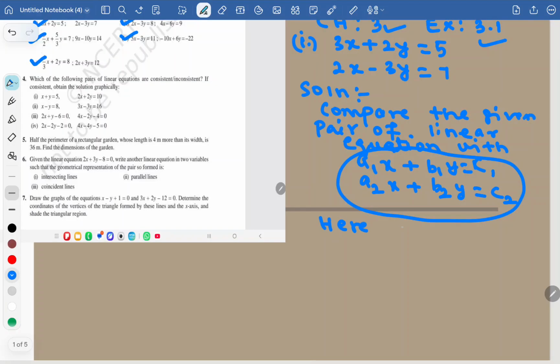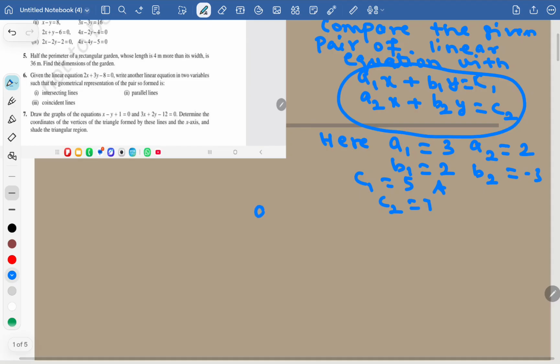Here a1 is 3, a2 is 2, b1 is 2, b2 is minus 3, c1 is 5, c2 is 7. Now find the ratios.